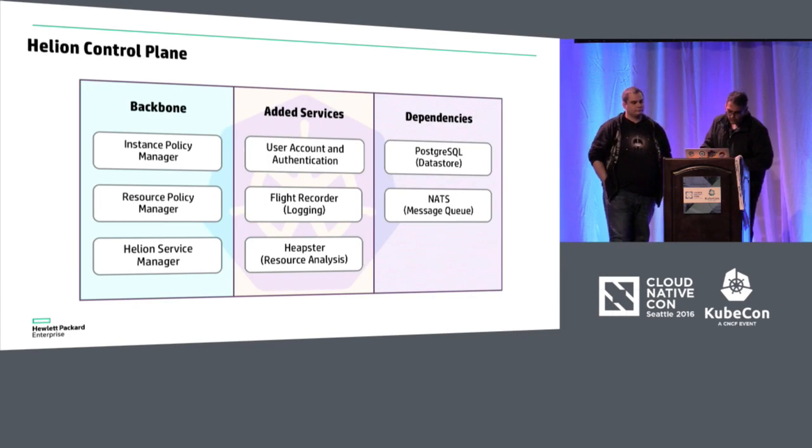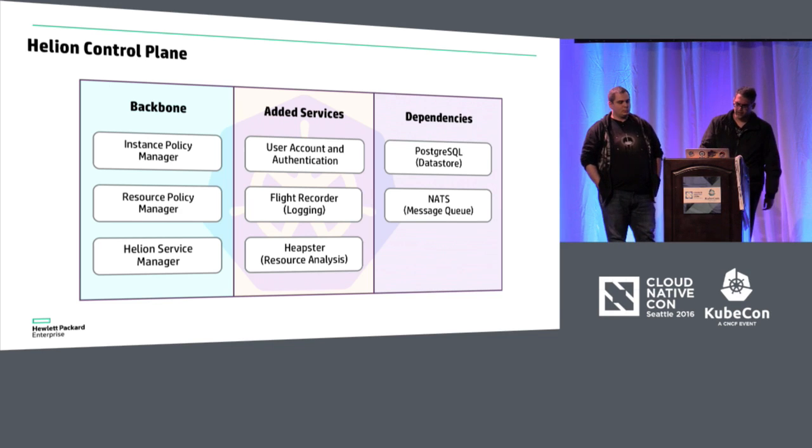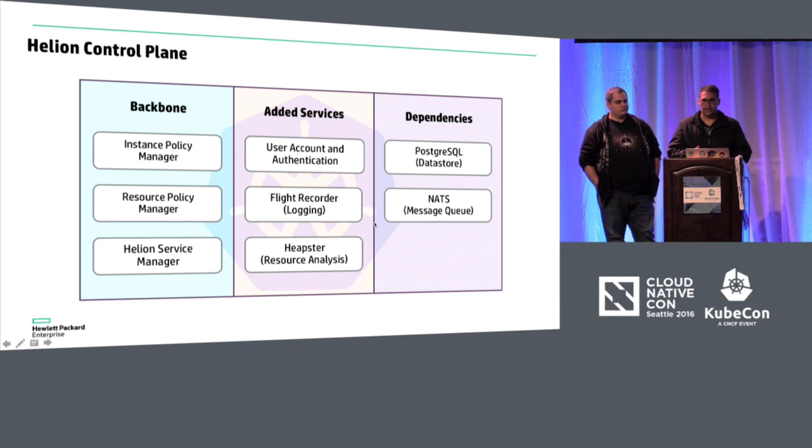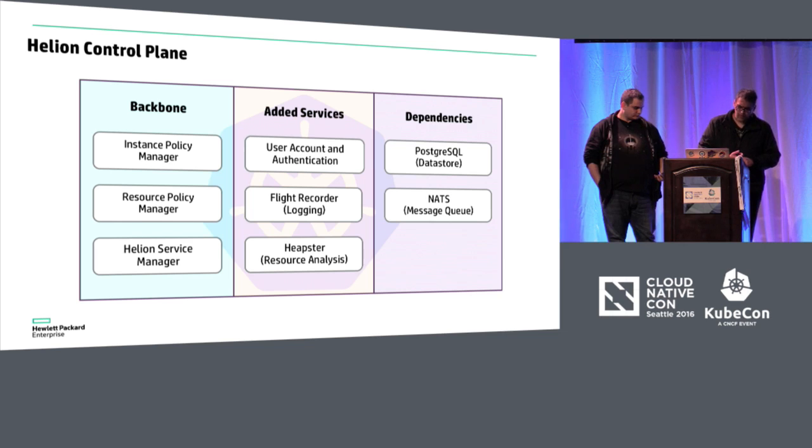Okay. So as you can see here, you can think of the Helion control plane as distinctly divided into 3 types of microservices. There's what I call the backbone, which forms the brain of the control plane.